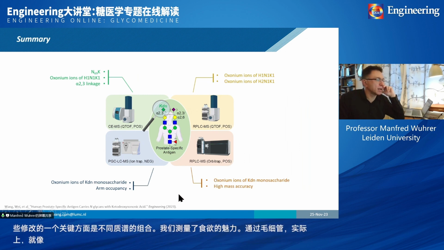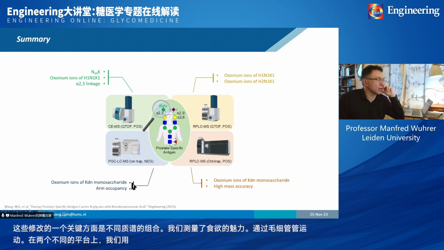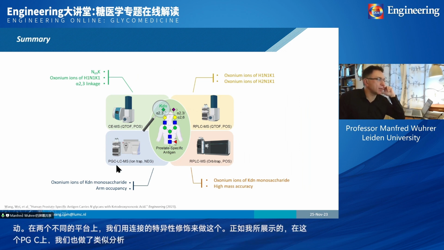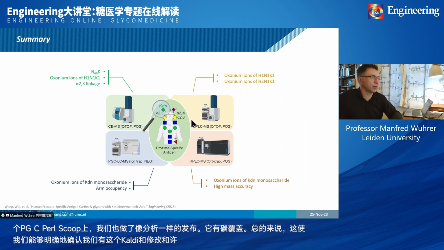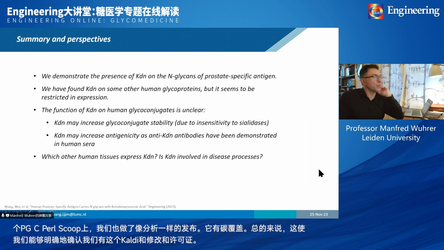We did this with linkage-specific modification and without, and we also did released glycan analysis, as I showed with this PGC, porous graphitized carbon, coupling. Overall, this allowed us to unambiguously confirm that we have this KDN modification on N-glycans on prostate-specific antigen.